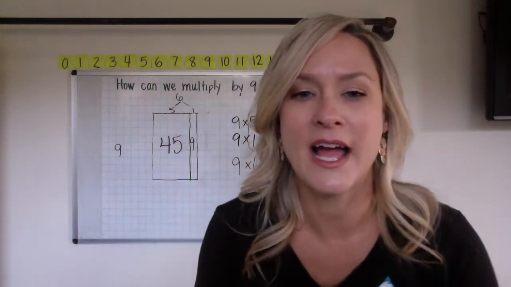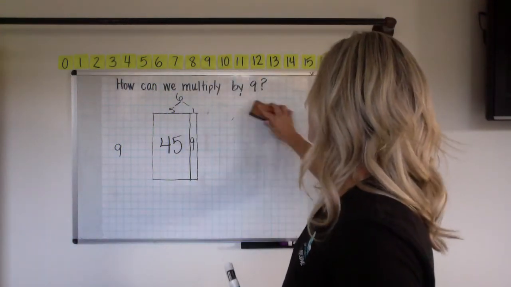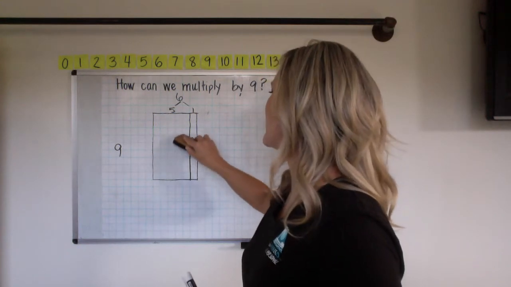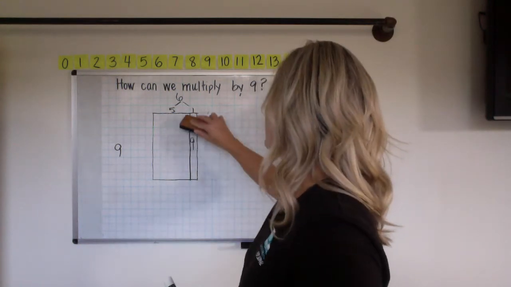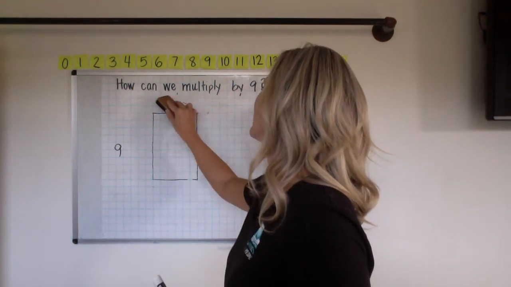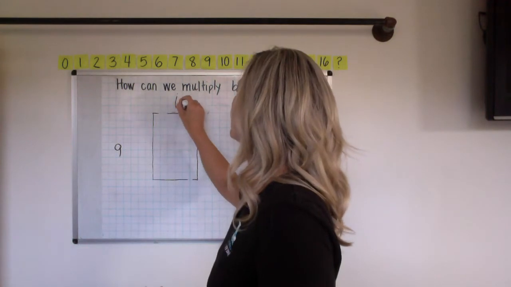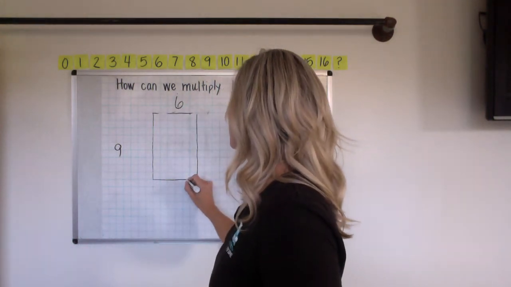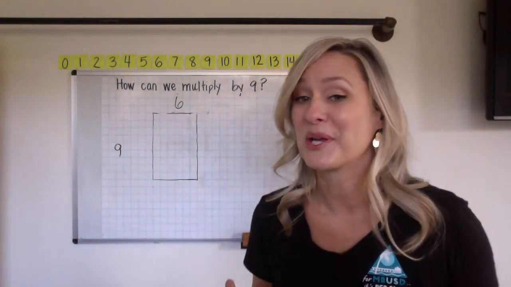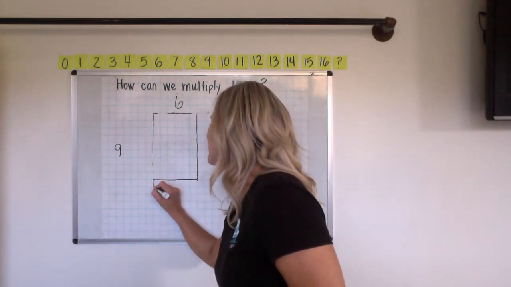Okay, let's see. I have another guess. So let me get rid of this stuff. Did anybody keep the 6 a 6, but change the 9? I bet somebody did it out there. Woo! So maybe you decided to keep the 6 a 6, but you're like, that is almost like a 10.